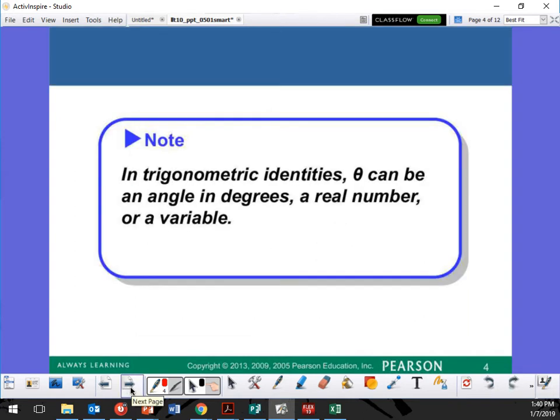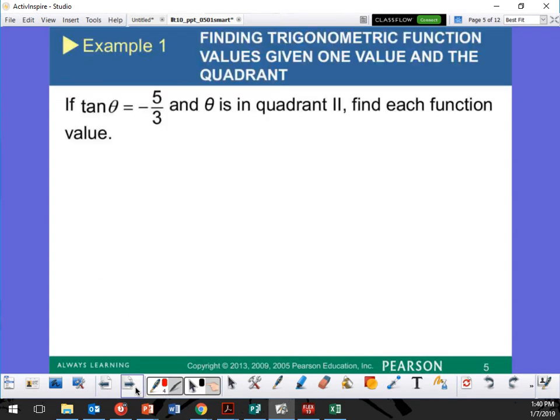Can be angle in degrees, a real number, or a variable. Okay, so for this right here, tan theta is negative 5 over 3. It's in quadrant 2. Find each function value. Okay, what do we say tan is? Tangent is y over x, right?